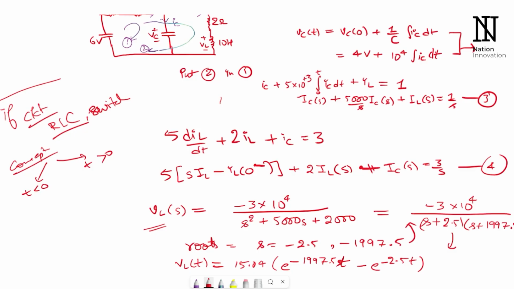Then, using Laplace transform, which is easy, solve the voltage and current equations and convert back into the time domain.